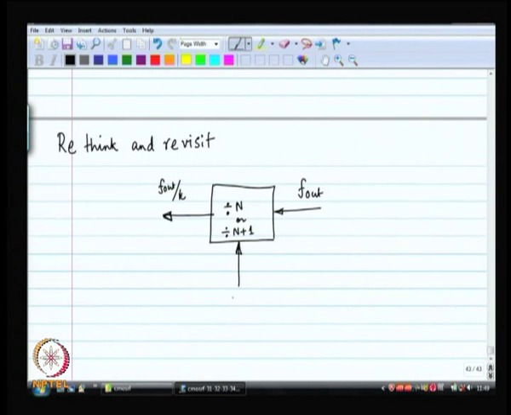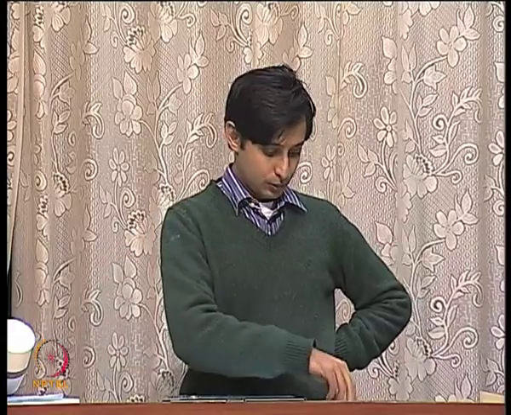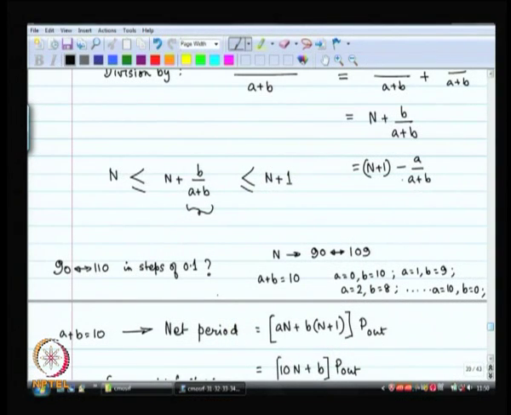So, I am calling this f out by k, it is in terms of frequency. Okay. So, this was our strategy, right. I was dividing by n, or I was dividing by n plus 1. To do a division by 90.1, let us say I wanted to divide by 90.1, right. To do a division by 90.1, what we did was we chose n to be equal to 90, we chose a plus b equal to 10, and we chose b equal to 1.